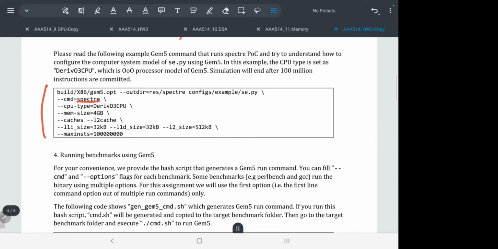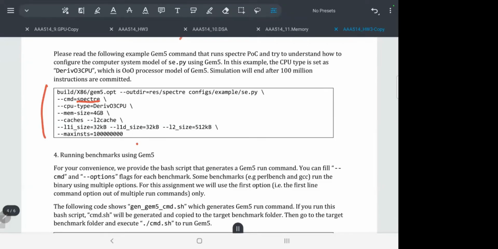So you need to also set some options for executing the binary files. And then, as you can see, you can set the various CPU types like here. Then we can change the memory size and then the cache size like this. And then you will be requested to run 100 million instructions using gem5.